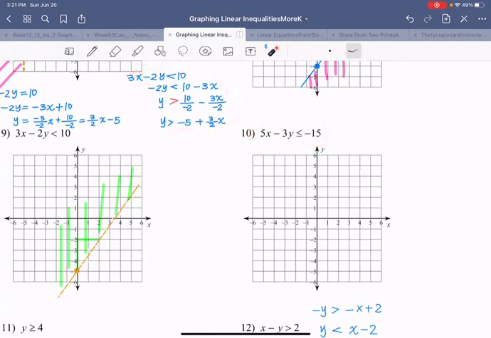-3y is less than or equal to 5x minus 15. Okay. And then you divide each one by -3.